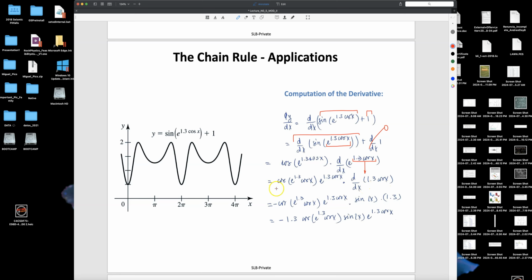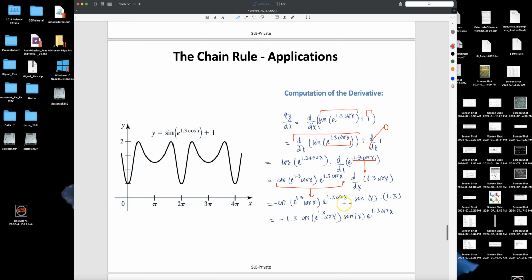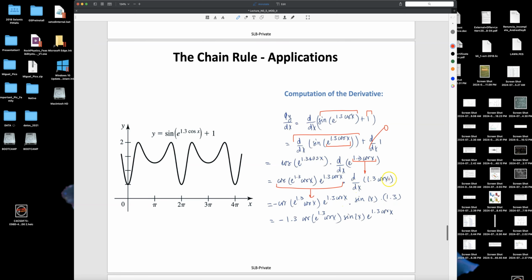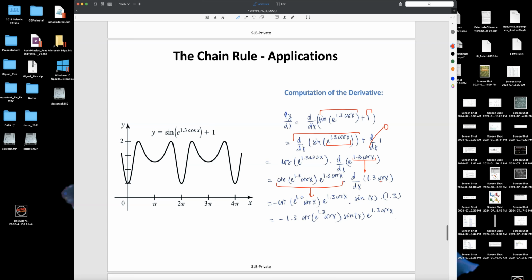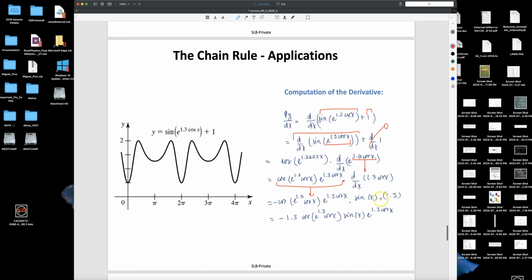Okay? Now, we drop all what we have in there because we need to keep those factors. That is the result for the previous steps, times the derivative of this one. This is the derivative of a constant that multiplies a function. So this is the constant multiplied by the derivative of the function.